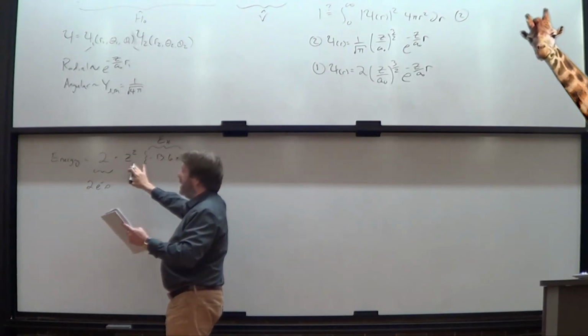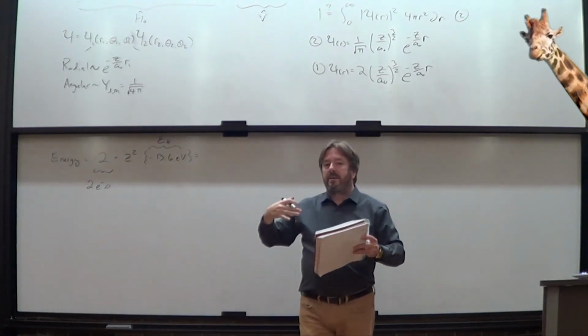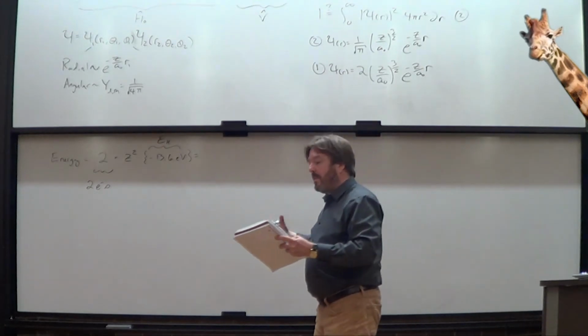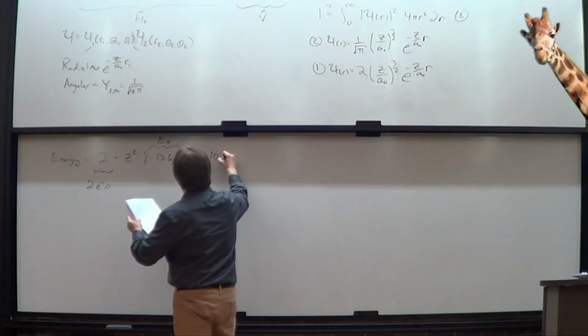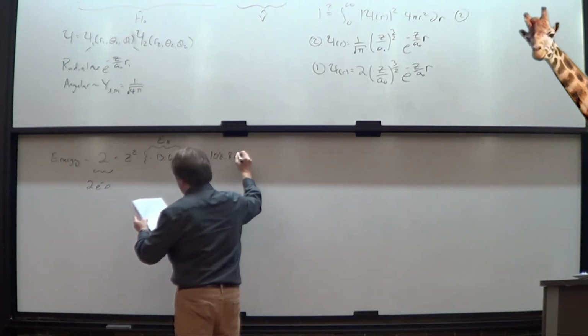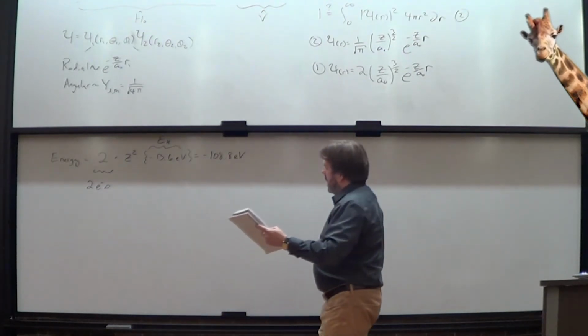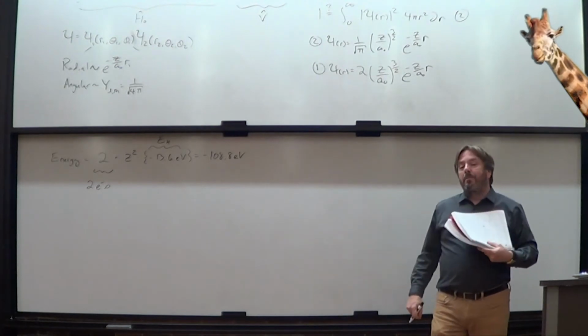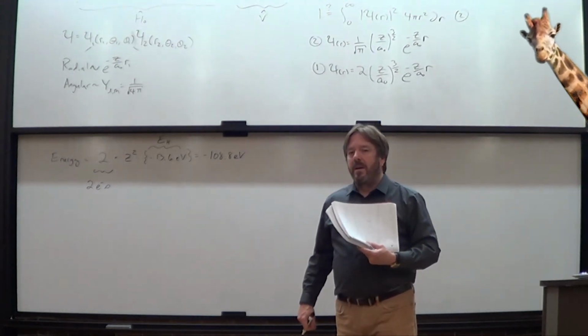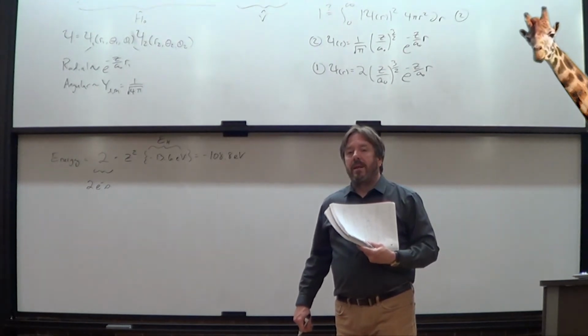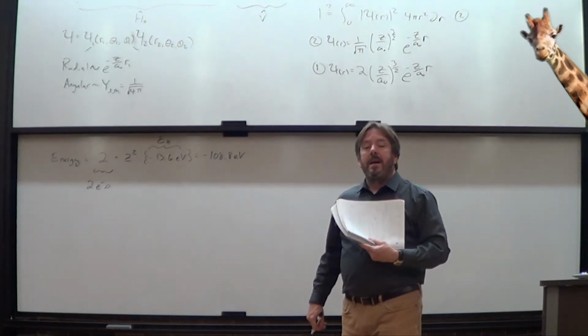I'm going to say that Z is 2 because we're doing helium. Helium has a 2 plus charge. And what you get is minus 108.8 eV. Okay, so again, this is the unperturbed, this is the H naught result. The part with the electron repulsion missing.